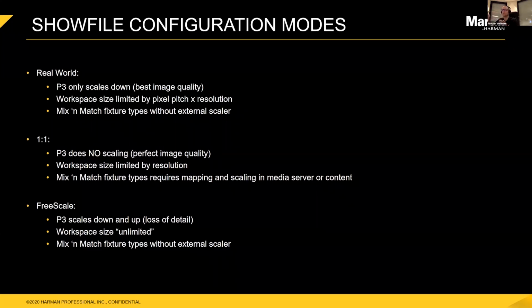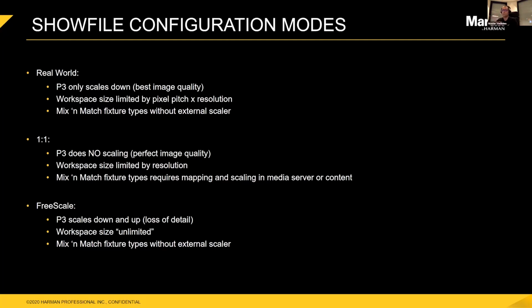So in 1:1 mode, the P3 is just a pixel pipe. And then we get to the new mode, the Freescale mode. In this mode, P3 allows you to scale up. So your workspace is virtually unlimited. I could build a stage which is 100 meters, 300 feet wide and fill it with full HD, and it still covers all the fixtures.